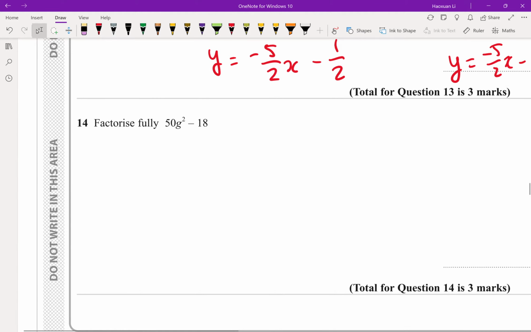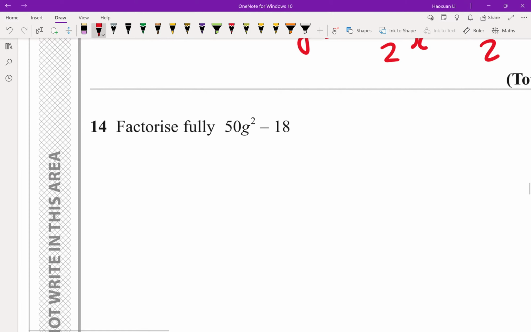Question 14. Factorize fully 50g squared minus 18. It's similar to the previous one, but do realize that this question is 3 marks, so it's a little bit of thinking work. Normally, I would assume that you would definitely know the stage to factor out 2 here. But you may struggle a bit to find how to factorize this part.